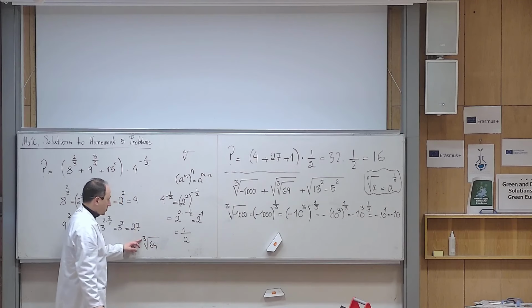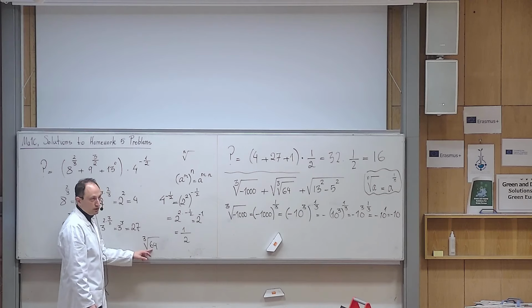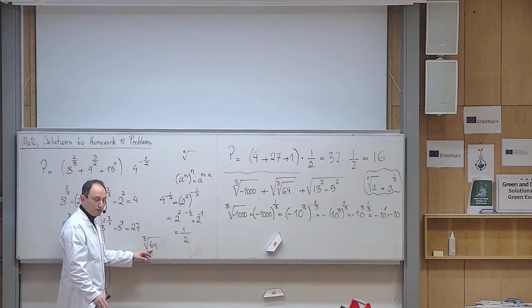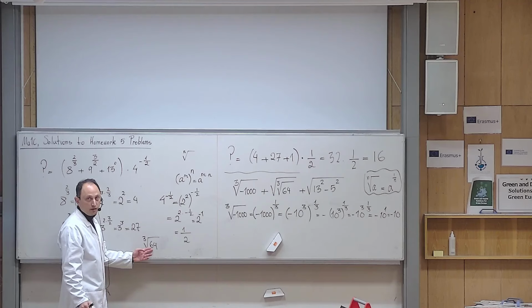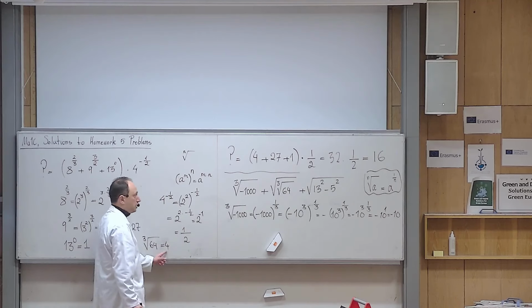It is asking you, can you give me a number whose third power is 64? It's not 2, because 2 times 2 times 2 is 8. I want a number so that when it is multiplied by itself 3 times it becomes 64. Yes? 4. So the answer is 4.